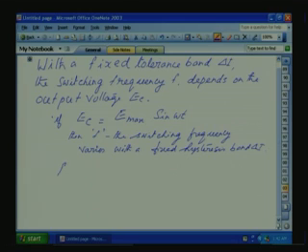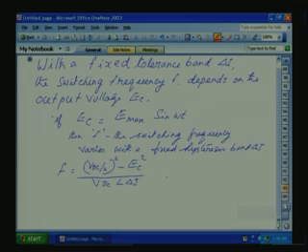F is equal to VDC by 2 whole square minus EC square, divided by VDC into L delta I.